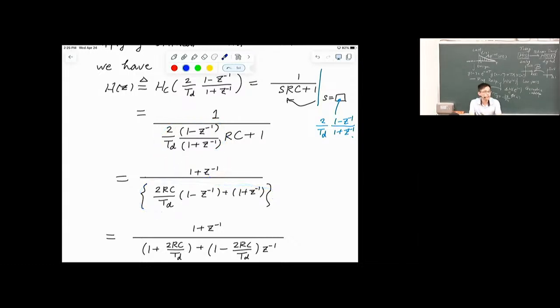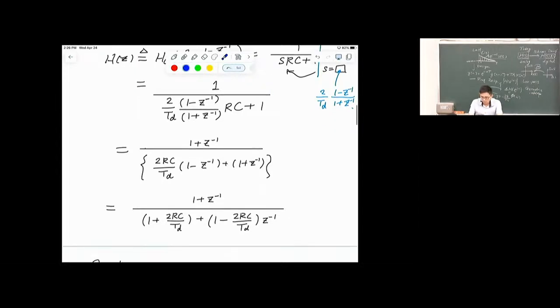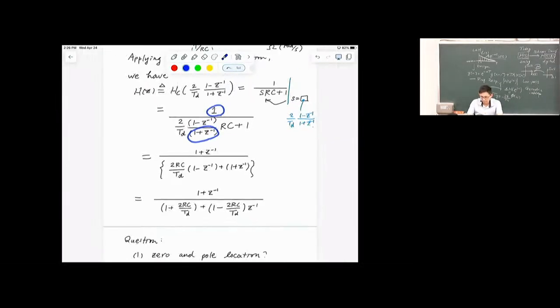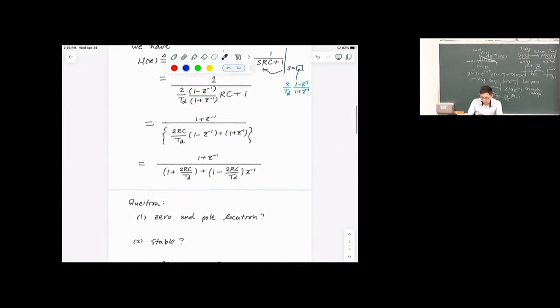We can do that by moving this term 1 plus z inverse to the top. Just a detail. After we do that, below we have A of z, and above we have B of z. That's what we mean by designing a digital system.